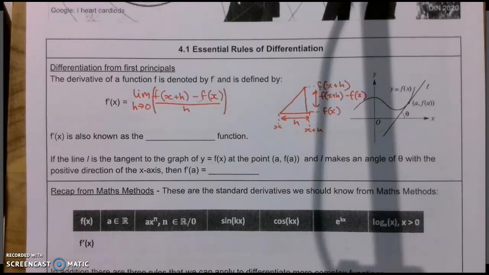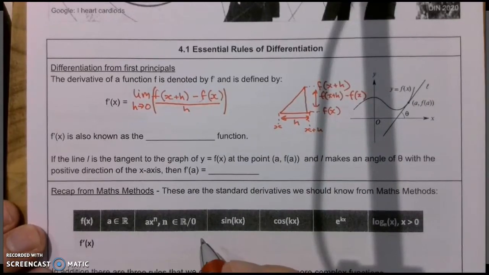And in that Desmos activity, you followed that process. You calculated the gradient of chords where h got smaller and smaller, and considered what would happen as h tended towards 0, as it got closer and closer to 0.